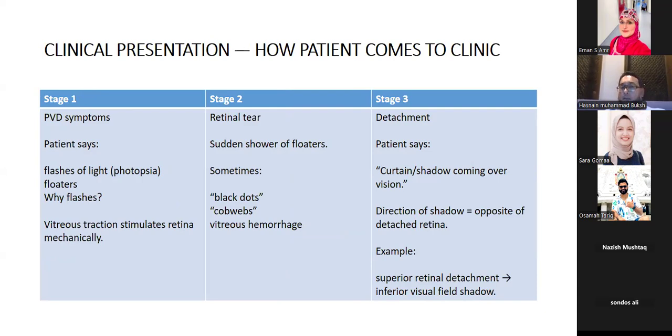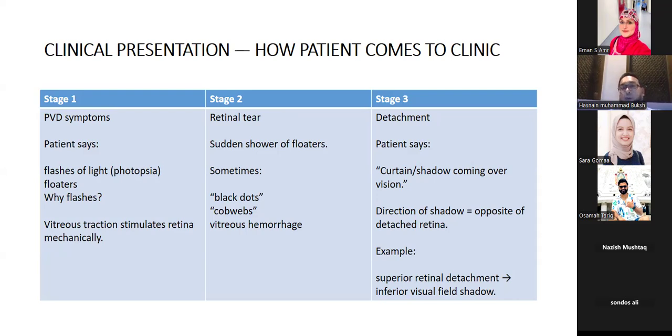So this is the clinical presentation of how the patient comes to us, what symptoms he or she comes with, and what signs are evident. The most important symptoms are floaters, flashes, and a curtain-like effect.